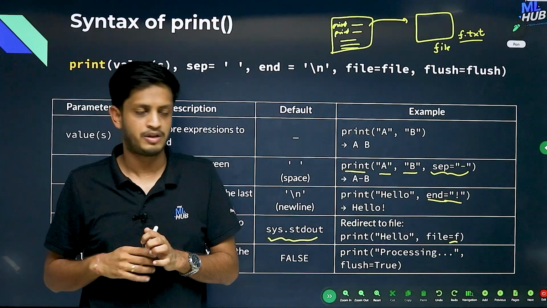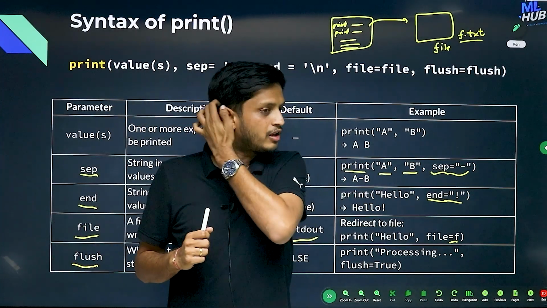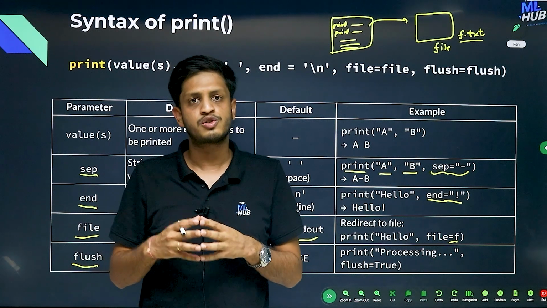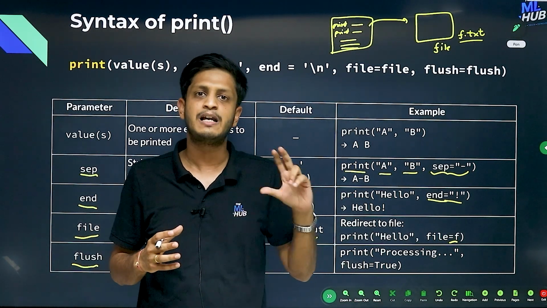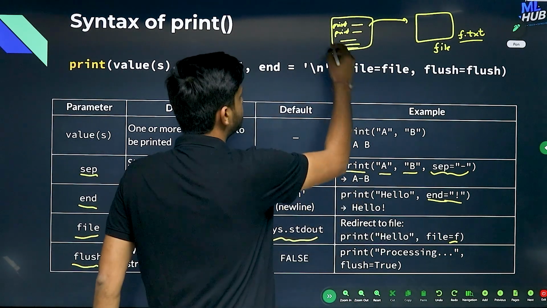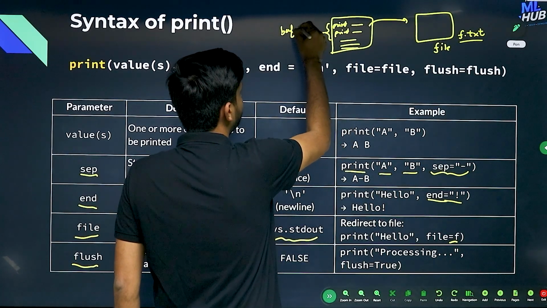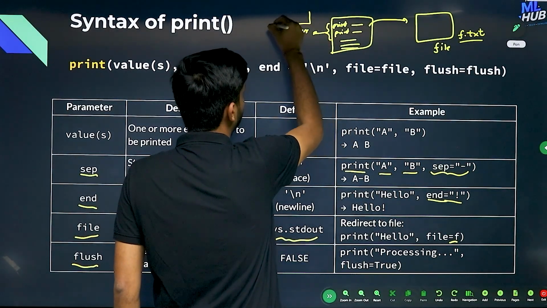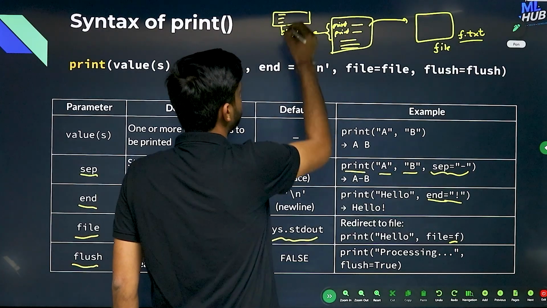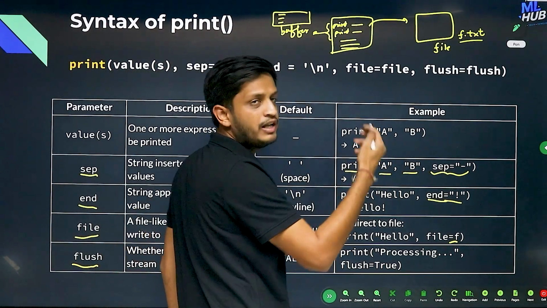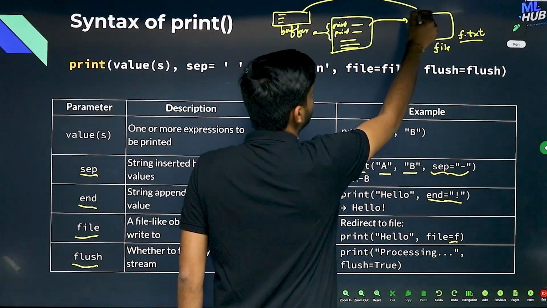It takes time. Okay. So generally what the operating system does, it just stores all the print statements in a single buffer. So let us say it has stored these 3 statements in a buffer. There is a buffer inside memory, and it will just store all the print statements here. And it will periodically flush this buffer inside the file.